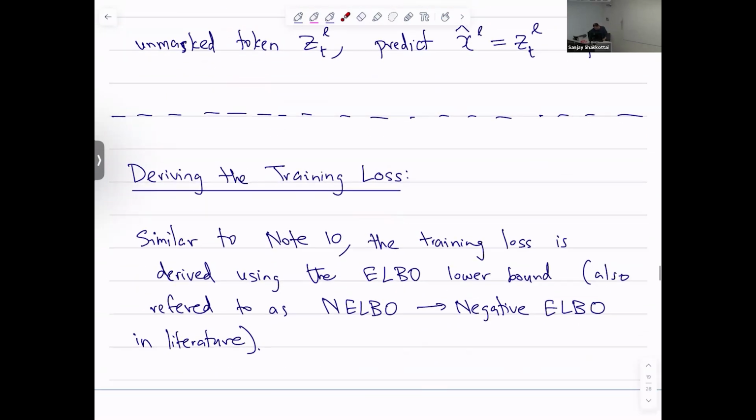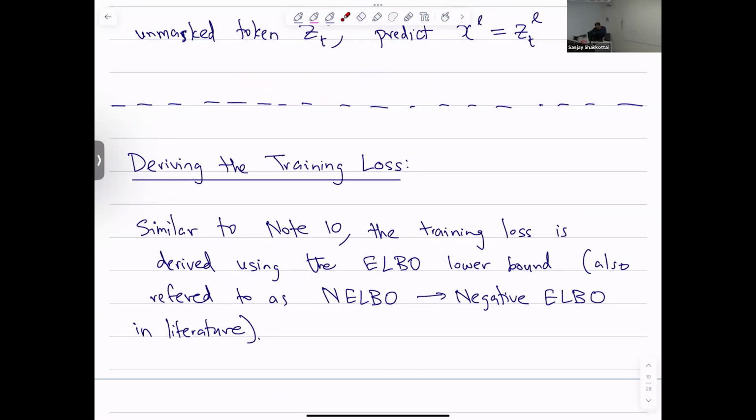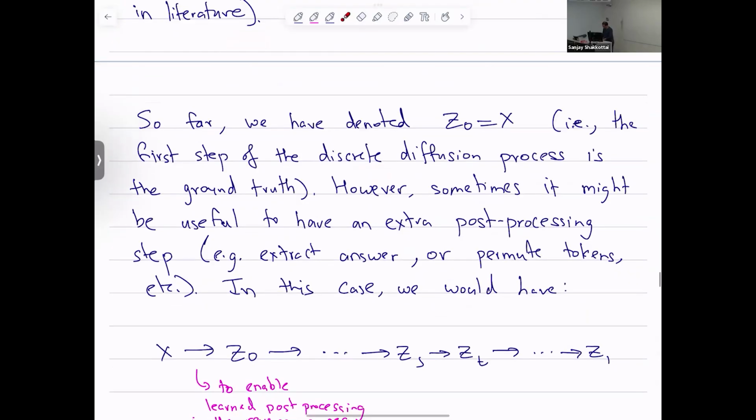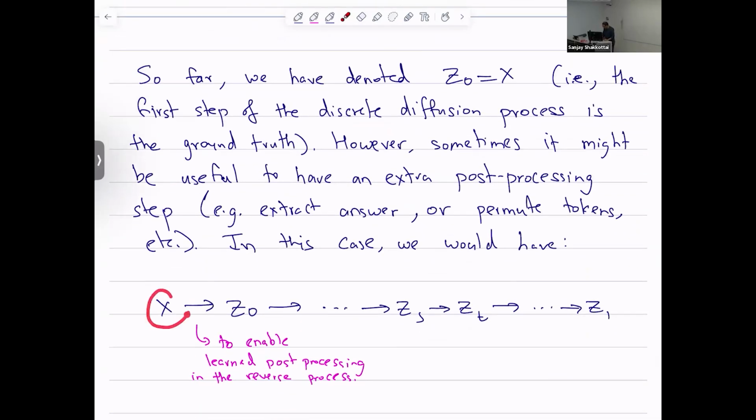So now let's derive the training loss for this. One caveat is that I had x and z0, and I'd sort of merged these two together. In the latent process, we started from z0 all the way to z1. So far I've been talking about x and z0, where the data in the first step is the same thing. It may not be, depending on what you want to do.